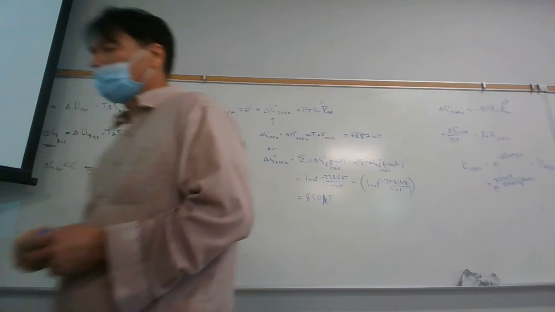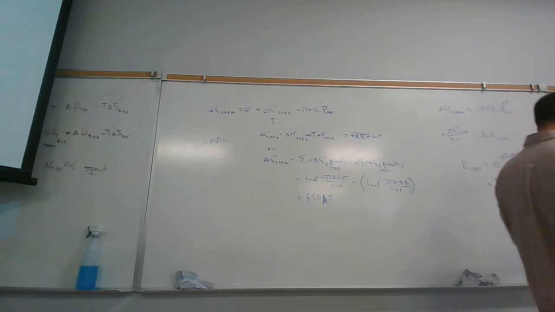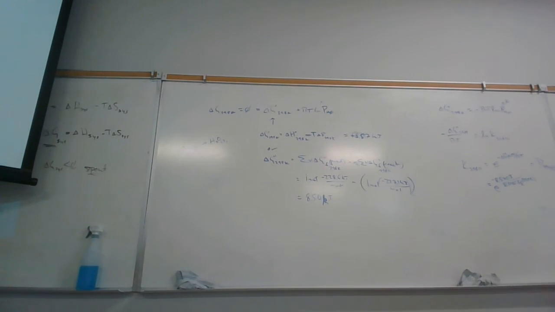Let's see what that comes out to. So 8.57 with the negative, divided by 8.3145, divided by 298. Take e to that. Oops.